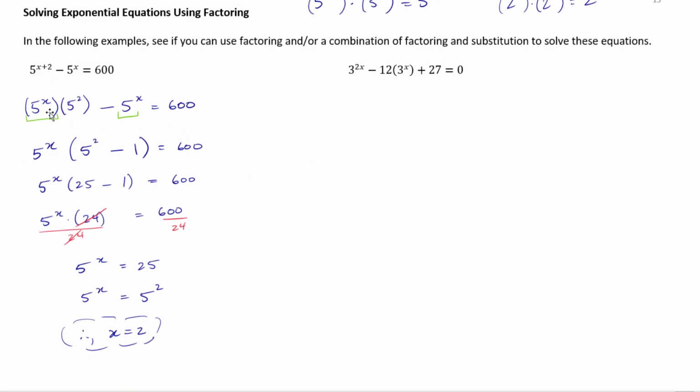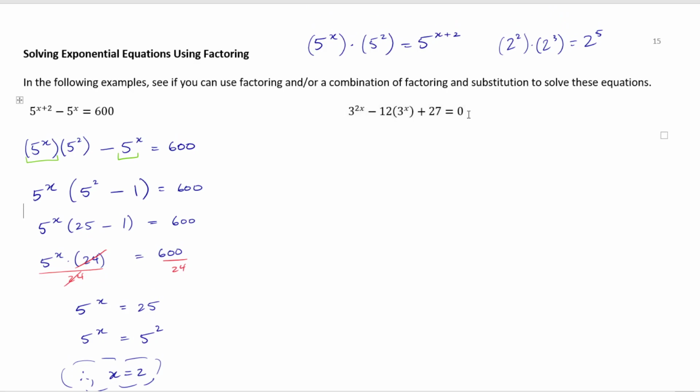Then, noticing that 5 to the power of x was a factor of both terms, I factored out 5 to the power of x, and I got 5 squared minus 1, which I evaluated to be 24. Dividing both sides by 24 yielded 25 on the right side and 5 to the power of x on the left, and then I created the common base and solved for x.